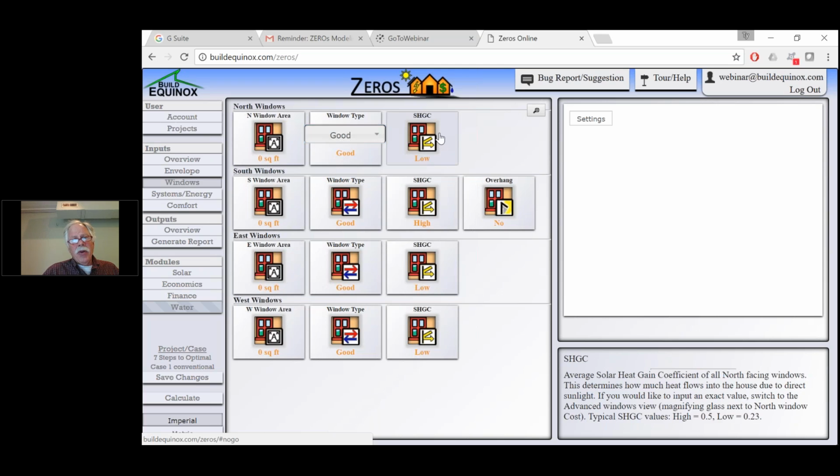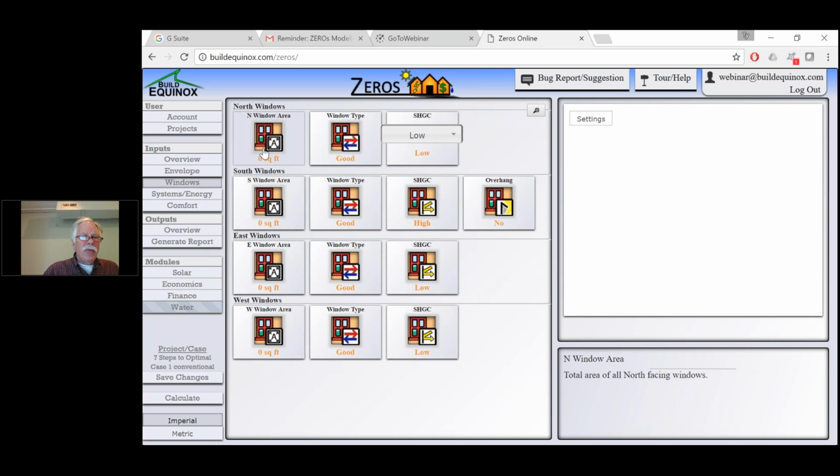And then the same over here on solar heat gain coefficient. As we have written over here, high means about half of the solar energy incident on that window makes it through, and a low solar heat gain coefficient, which those of you in the south should always be considering, is about 0.23. And then basically for any of these orientations.